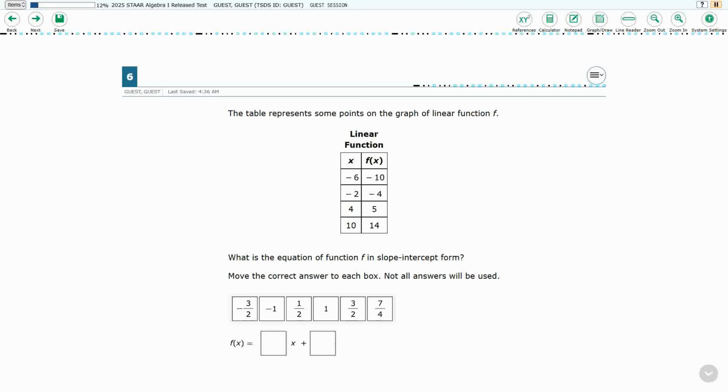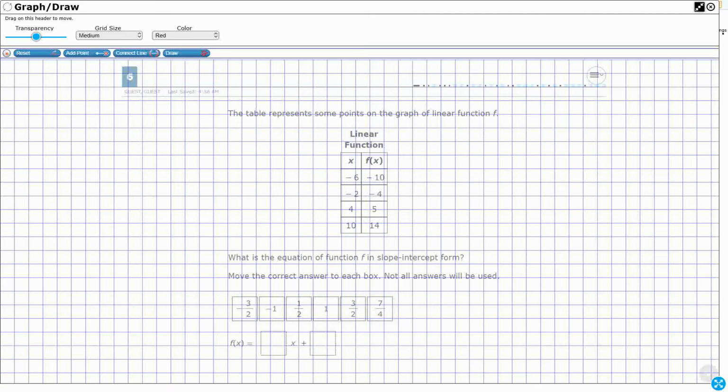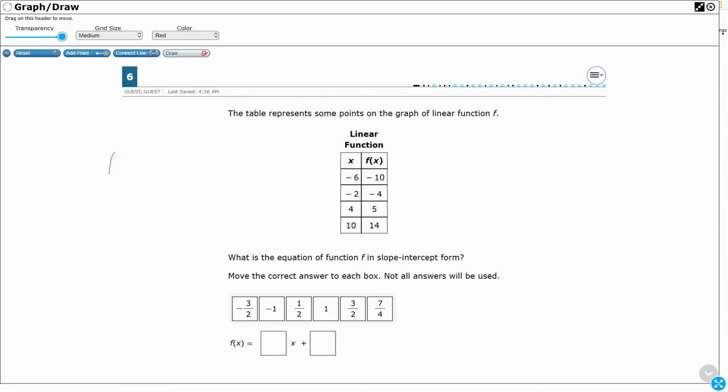Next, number 6, we are looking at 8.2c. We are writing linear equations, and we have a table of values. We need to write it in slope-intercept form. So that's going to be y equals mx plus b, right? And we have the m and the b missing. Our f of x is sitting as our dependent variable as our y.